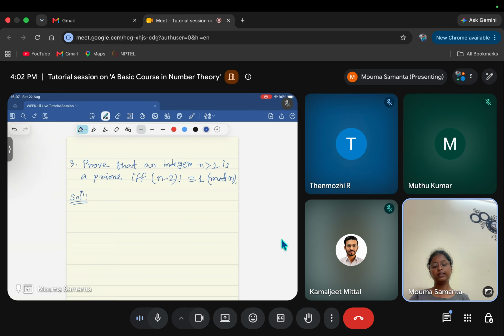So it is saying that an integer n greater than 1 will be a prime if and only if n minus 2 factorial is congruent to 1 mod n.